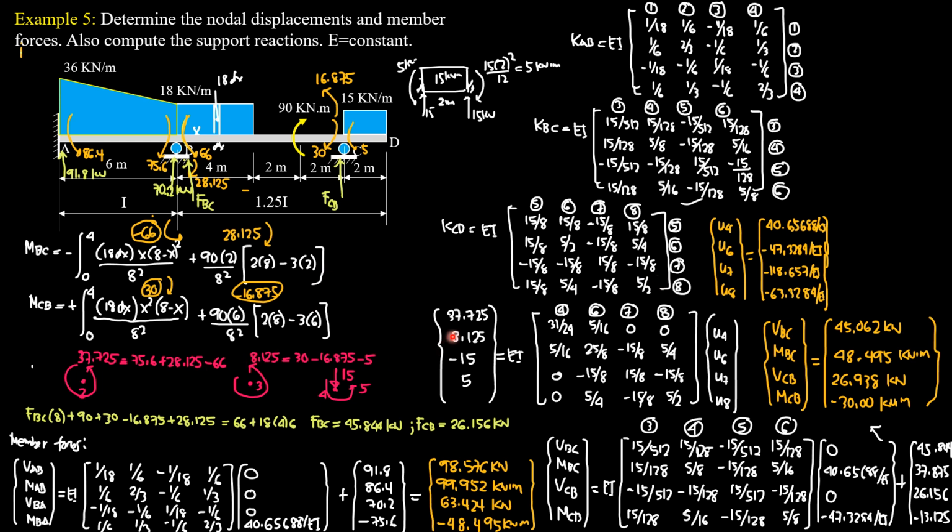So we have F4, which is positive 37.725 because that's counterclockwise. F6, 8.125, positive also. F7, negative 15, downward, so negative 15. F8, moment 5, counterclockwise, so positive 5.